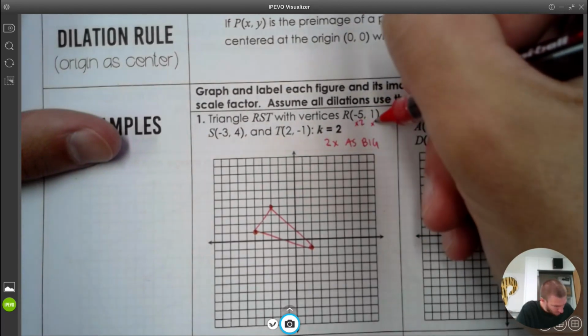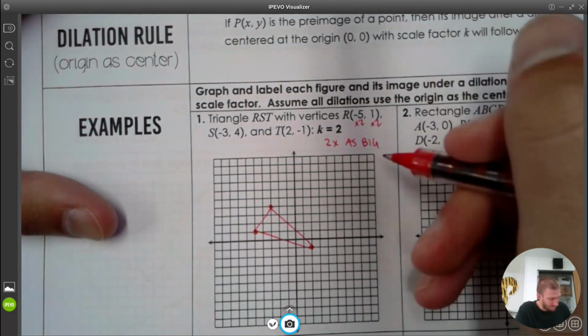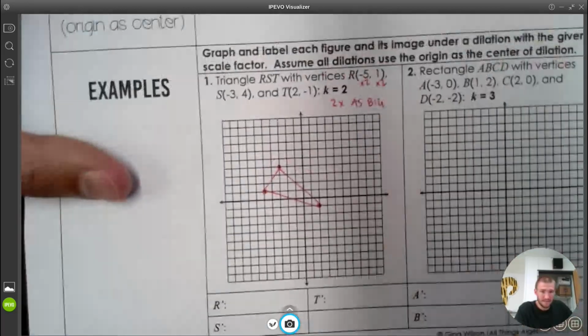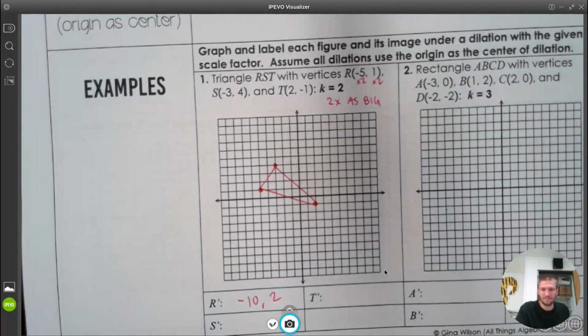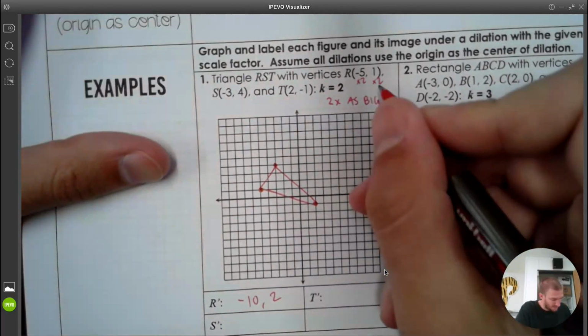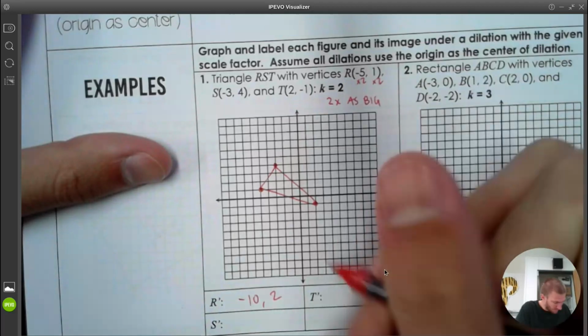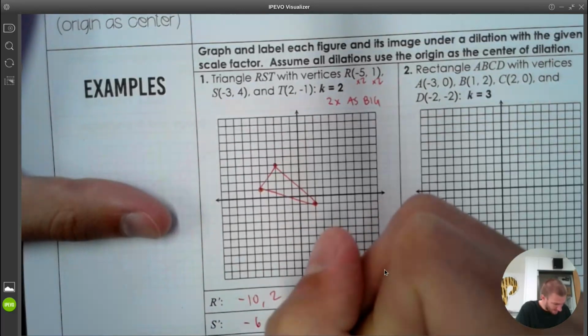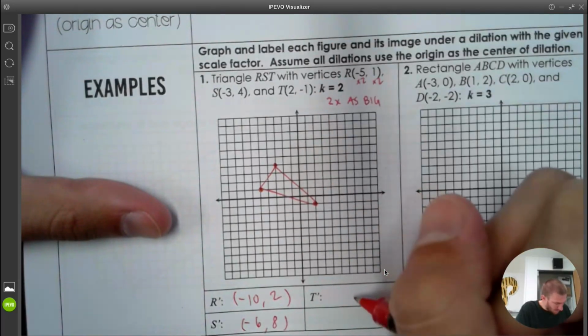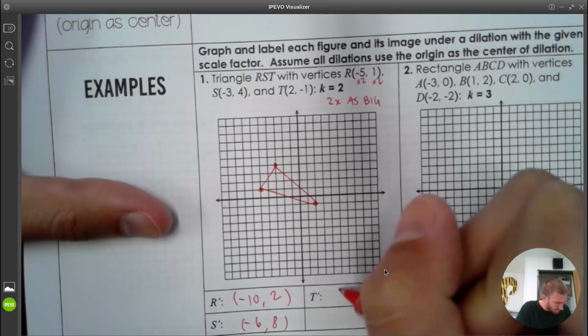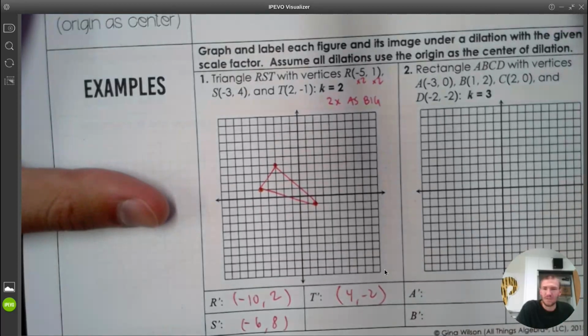Times 2, -5, 1 needs to become -10, 2. Just literally make it twice as big. -3, 4, that's the S, becomes -6, 8. The T is 2, -1, so we need to make it 4, -2. Just make it twice as big.